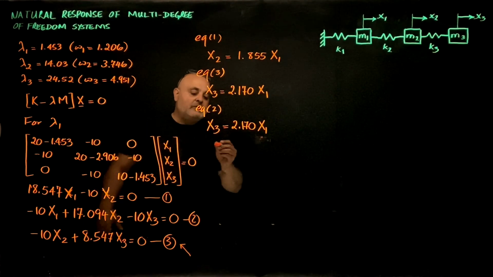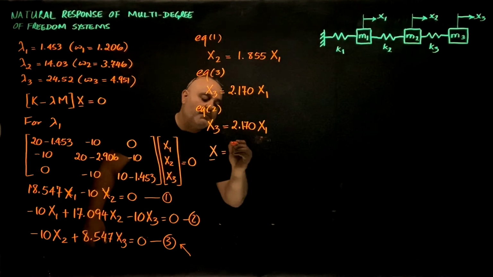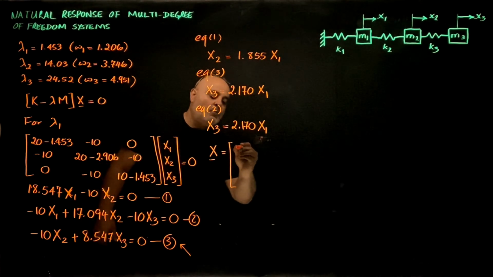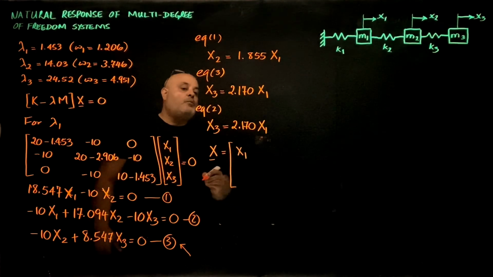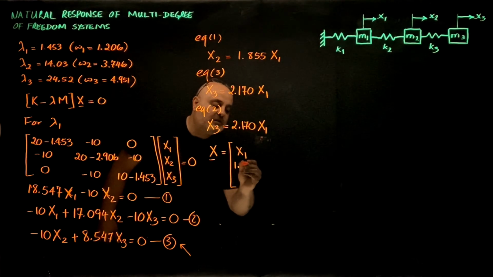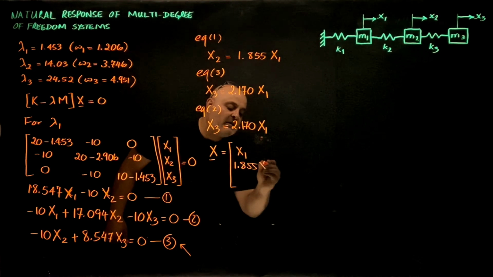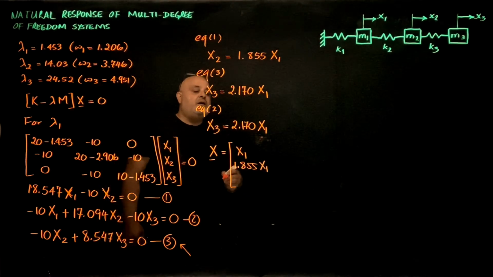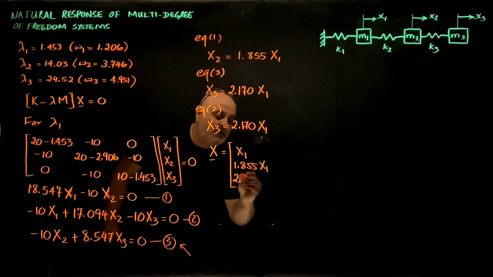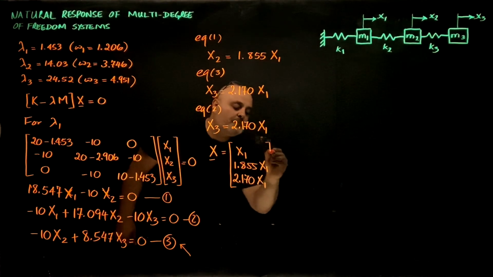So the solution x can be written as x1, and x2 is going to be 1.855 x1, and x3 is going to be 2.170 x1.